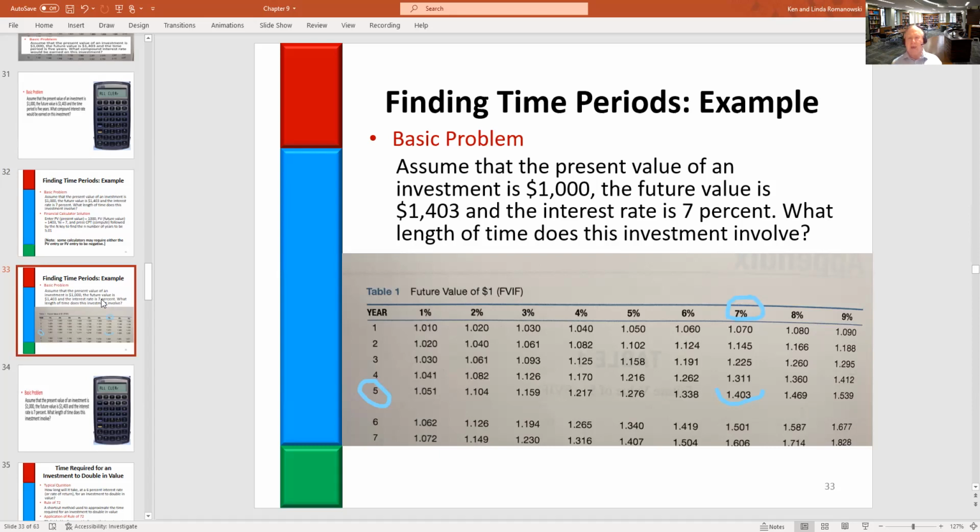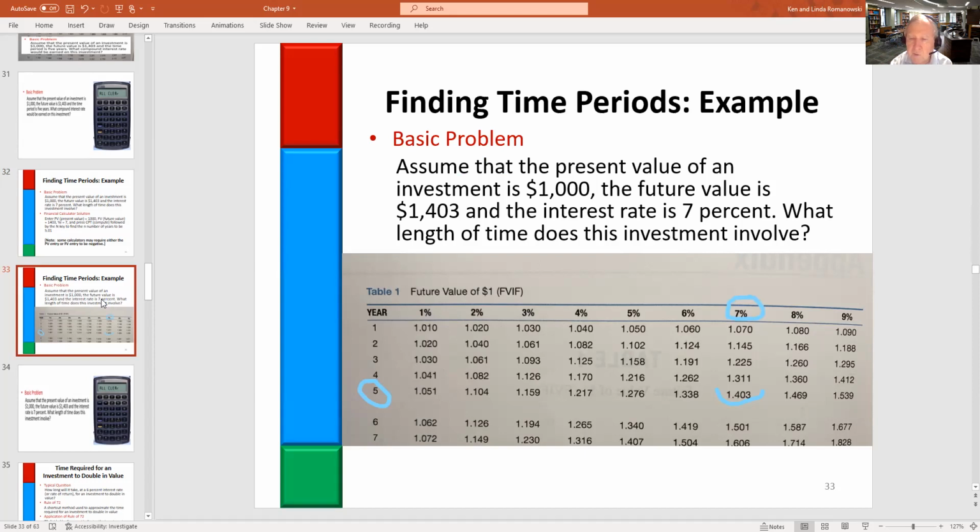We know that the chart we're using is a future value chart of $1. So if it's worth 1403 in the future, you divide the 1403 future value by the $1,000 present value, and you will get a factor of 1.403.